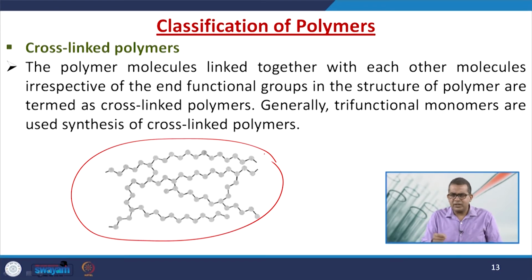One best example is the polymeric beads which are used for ion exchange resins in different types of wastewater applications. These beads are the best example of cross-linked polymers.